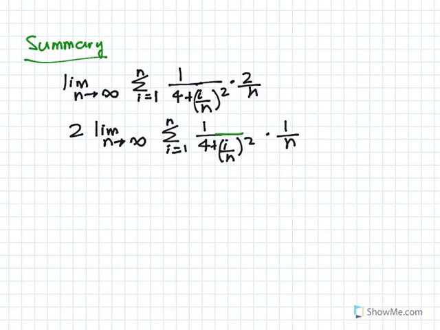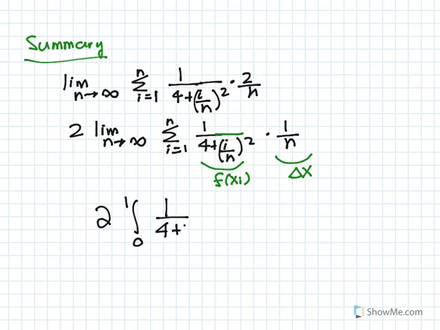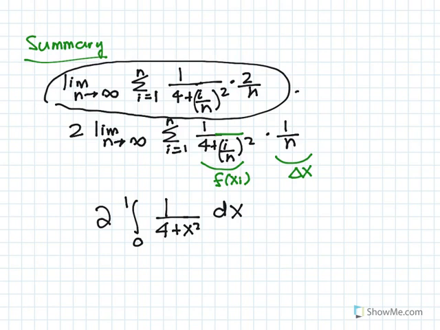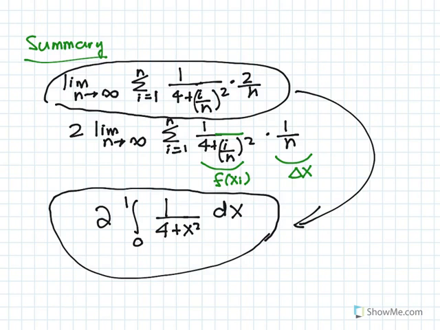This part is the function, that's f of xi, which is 1 over (4 plus i over n) squared. This part is delta x. We transform that into a definite integral, and we get 2 times the integral with lower limit 0 and upper limit 1 of 1 over (4 plus x squared), that's the function, integrated with respect to x. This is a definite integral. So this Riemann sum was transformed into this definite integral. All right, thanks.